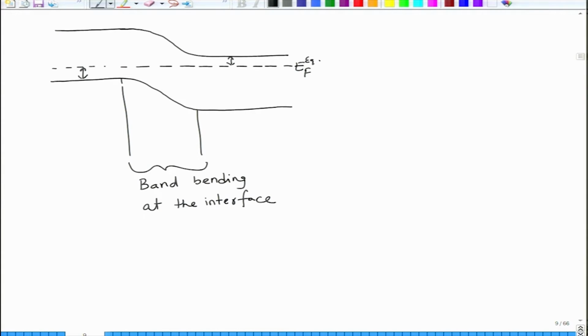Fermi level is different on one side, Fermi level is another on the other side, but since they are connected to each other, electrochemically speaking, the material has to be at equilibrium thermodynamically. So to ensure that the material is at thermodynamic equilibrium, the Fermi level is at the same level throughout the material, but what it requires is that the conduction and valence band will be shifted in different parts of the material in such a manner that you have band bending at the interface.